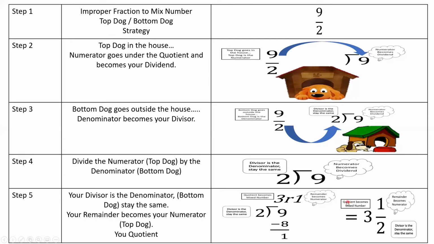What it looked like is our quotient will become our whole number, which will form the mixed number. So our quotient now is going to make the whole number and our mixed number, which will be 3. Our numerator is our remainder, which is 1, and our denominator remains the same throughout the whole problem.